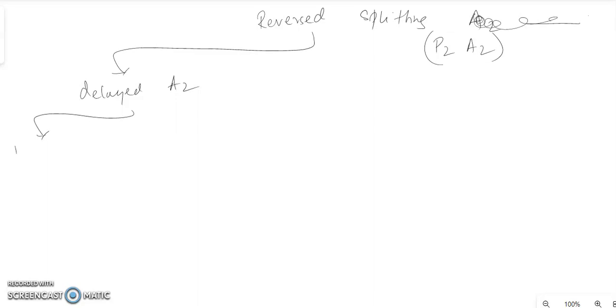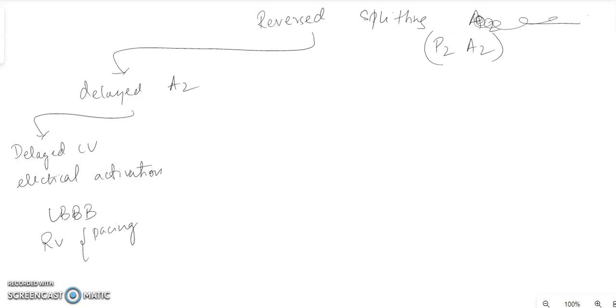Delayed A2 might be due to delayed LV electrical activation, such as LBBB, left bundle branch block, or RV pacing or ectopics.